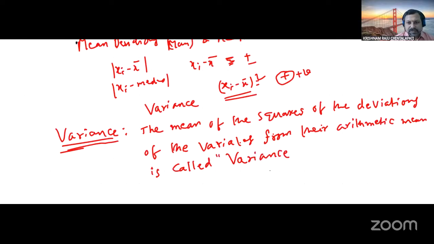It is denoted by sigma square, read as sigma square. So this is the symbol for variance.